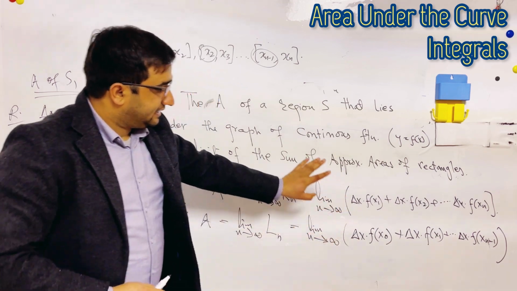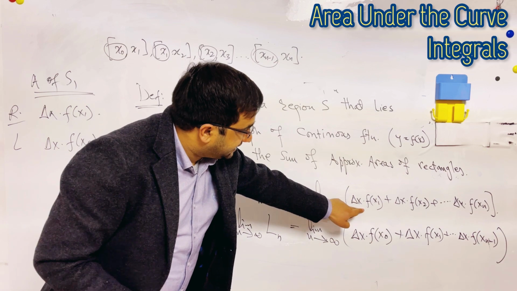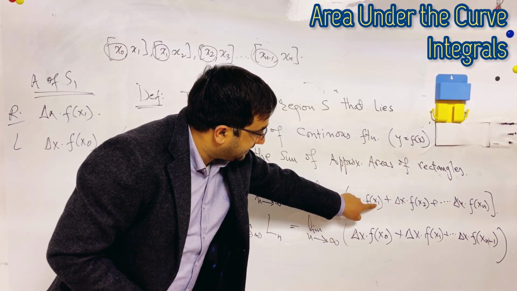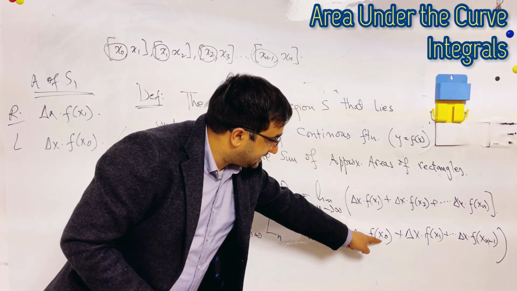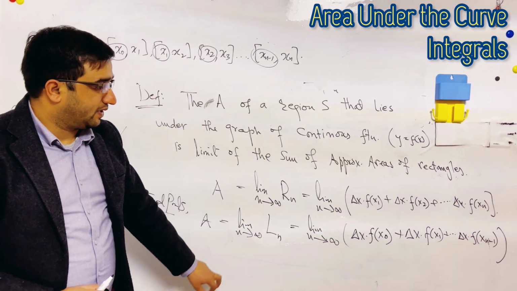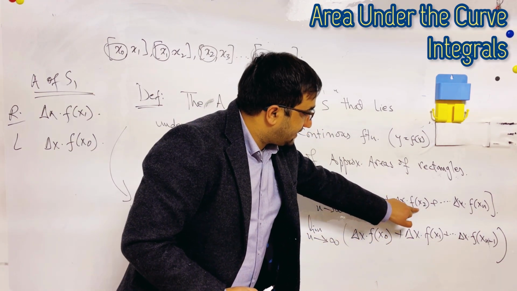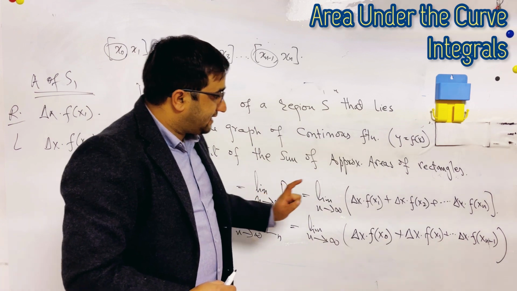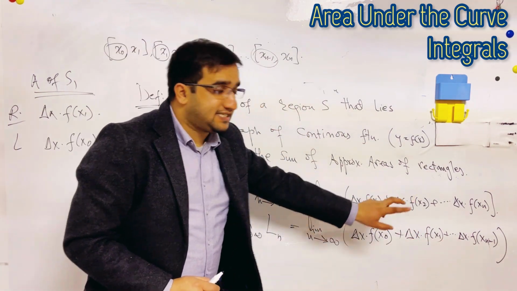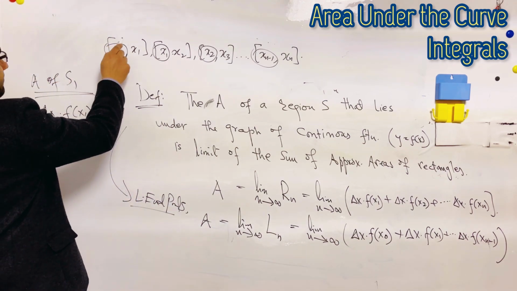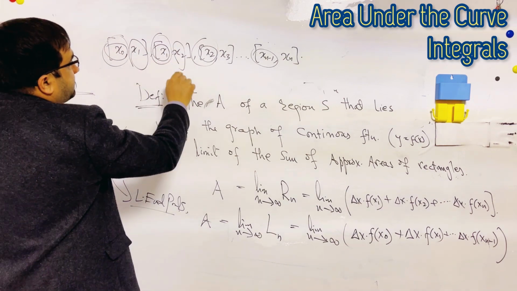The point of difference, delta x is the same. The point of difference is that the value of the function is taken at x1 in case of right hand points, and at x0 in case of left hand points. Similarly, for slice 2, the value of the function is taken at x2 for the right hand points and at x1 for the left hand points. This is the difference. So, for the left, I focus on these points. For the right, I focus on these points.